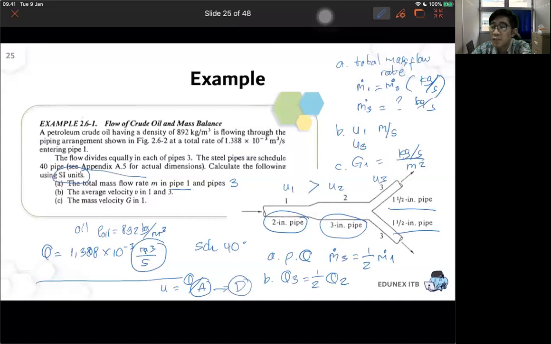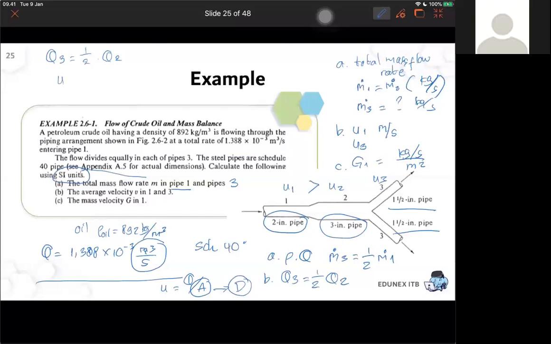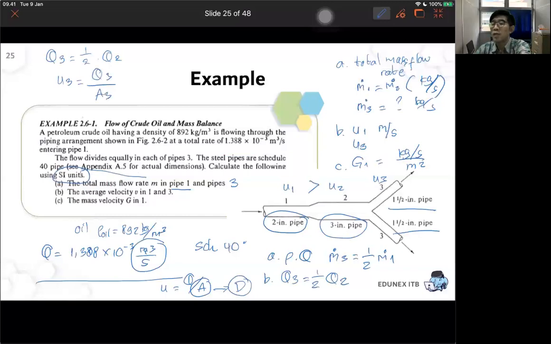I write down here: the volumetric flow rate at point 3 will be half of point 2 because it's equally divided. Then to calculate, just do the same: Q3 divided by A3. To get the value of A3, you need to know the inside diameters.